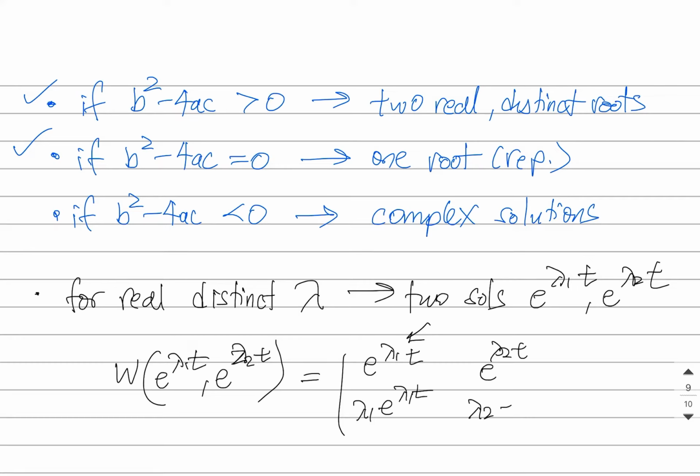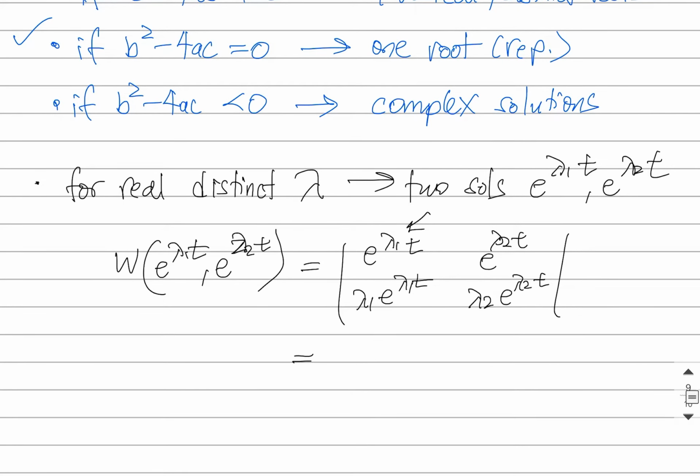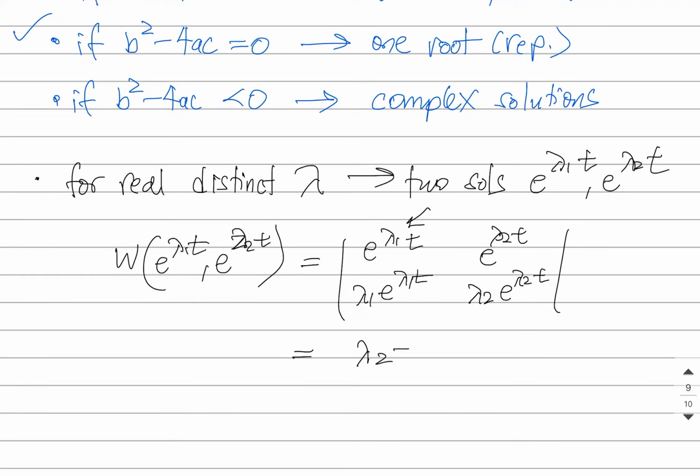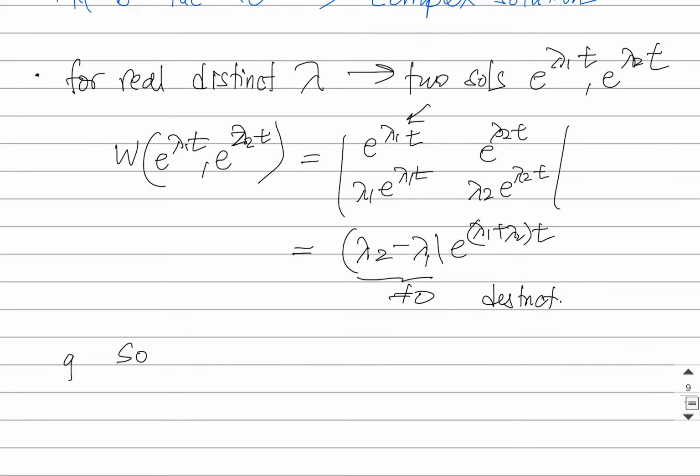And because of that, you will be able to find that this will always give you (λ2 - λ1) e^((λ1 + λ2)t). This thing will not be 0 because they are distinct. So the general solution will always be c1 e^(λ1 t) + c2 e^(λ2 t).